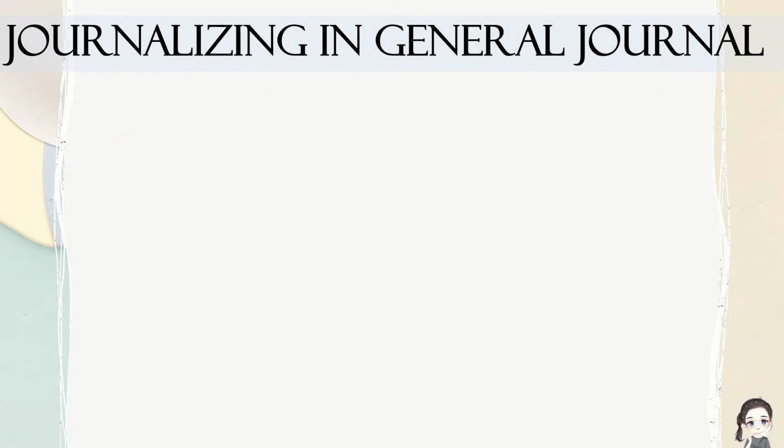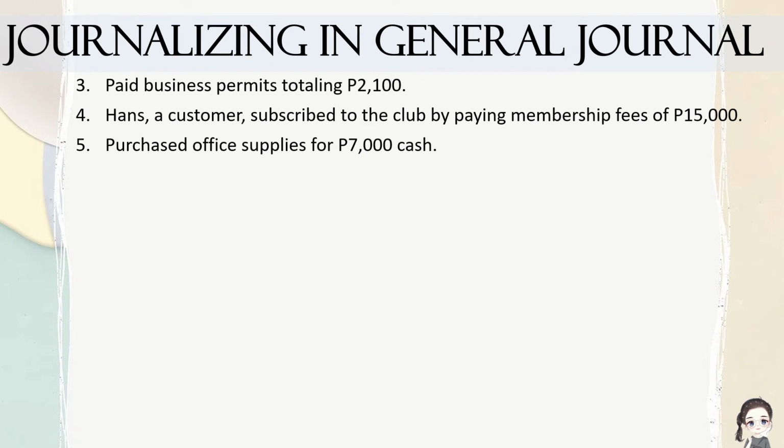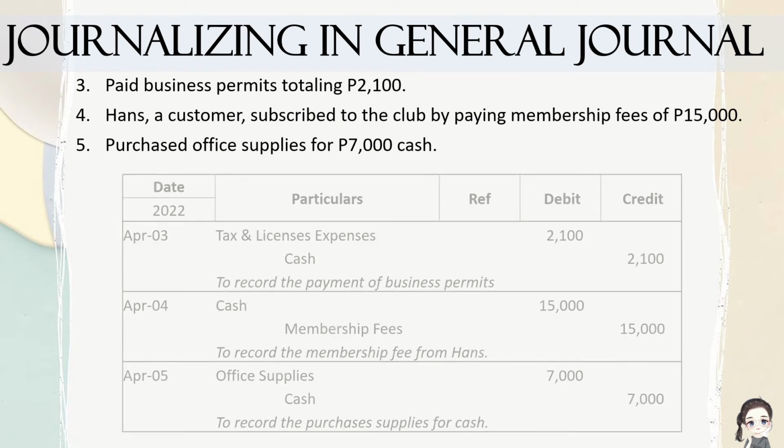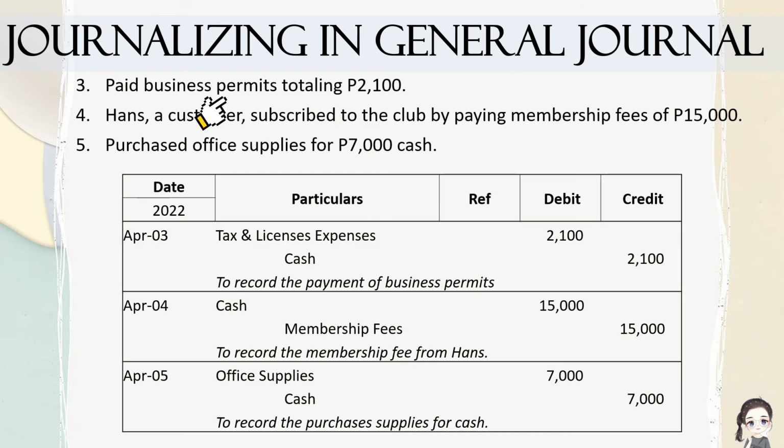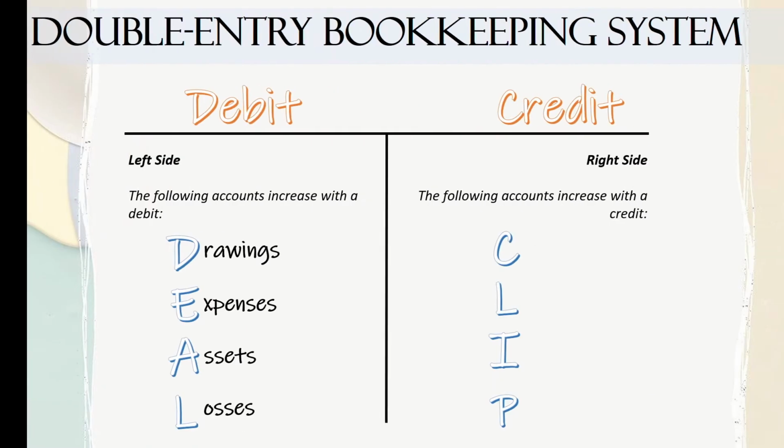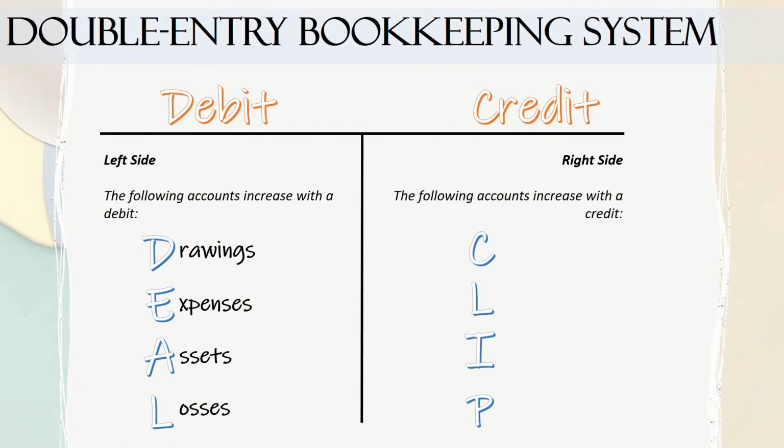For items 3, 4, and 5, here are the entries. For April 3, we paid business permits. Business permits are under taxes and licenses. So these are expenses or your costs. As previously discussed, expense is part of the debit side, in which the normal balance is a debit.